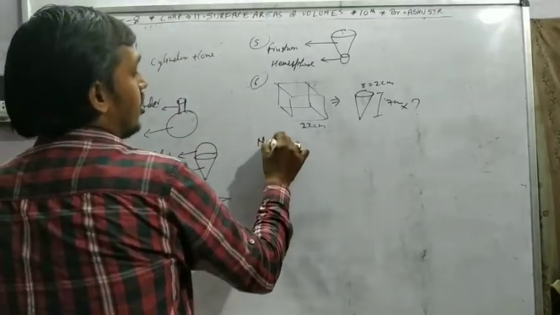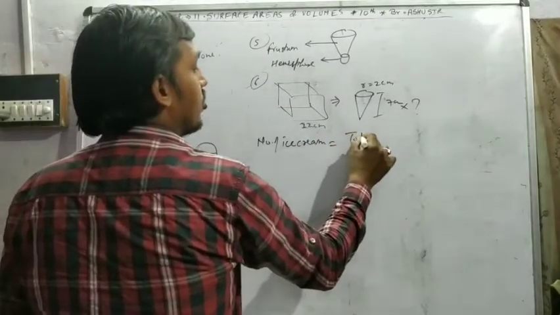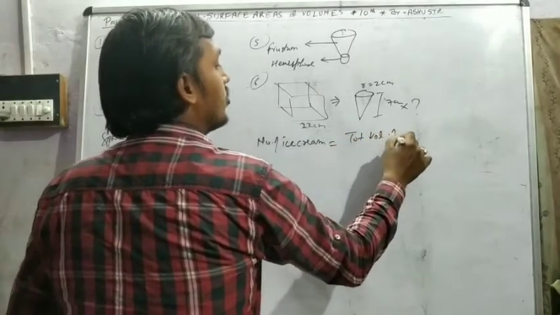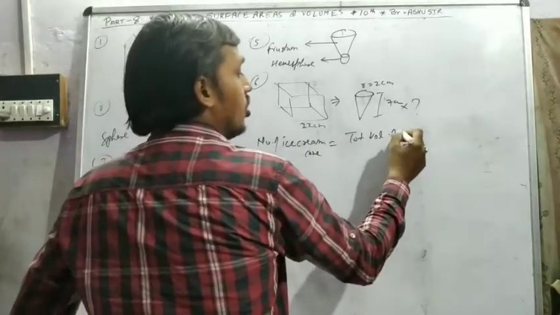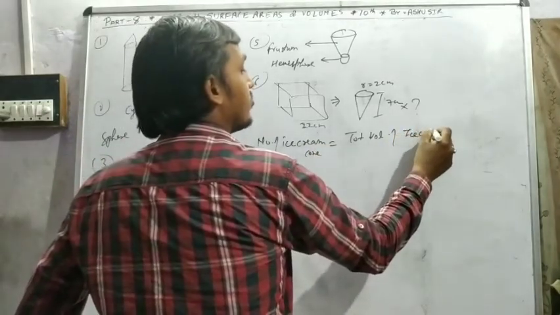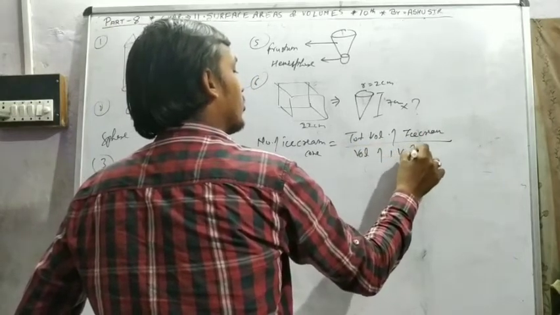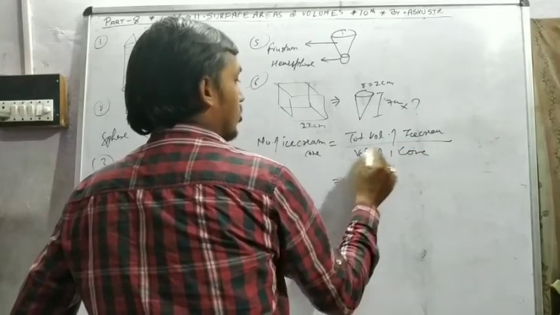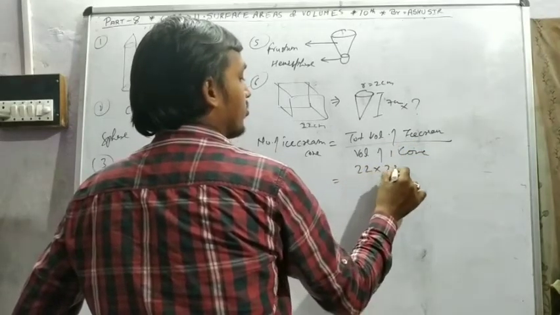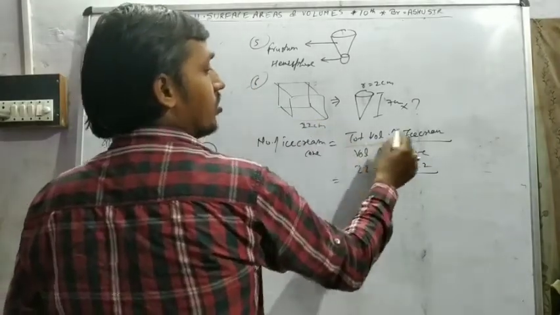So the number of ice cream cones is equal to total volume of ice cream upon volume of one cone, that is the volume of the cube upon the volume of the ice cream cone.